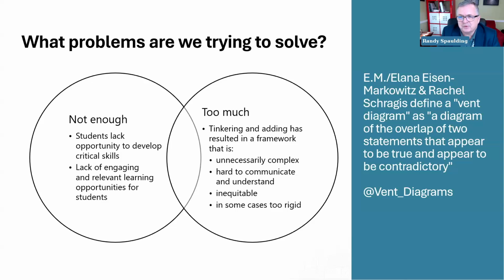Some specific examples that we are hearing from folks is that on the one hand, students are asking for more opportunity to develop critical skills in areas that maybe aren't addressed currently in the requirements. At the same time, they're expressing that the current requirements are overly complex, too much, maybe not flexible enough, those kinds of things. And so we recognize that both of these things can be true at the same time. And this is really a big part of the work that we're moving forward on.